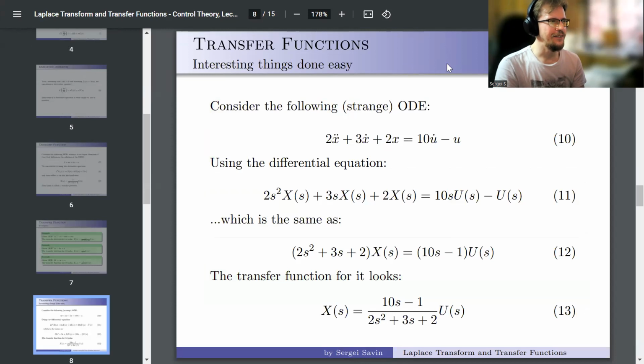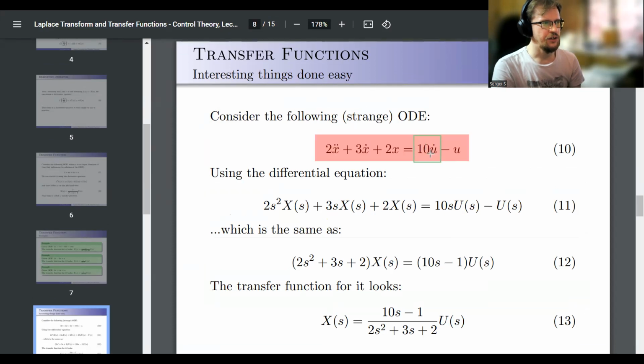Now, let me show you how we can do something relatively interesting with those functions. So we can take this equation where we have something quite strange here, namely this term, 10u dot. Why do we have u dot? It's kind of strange, right?